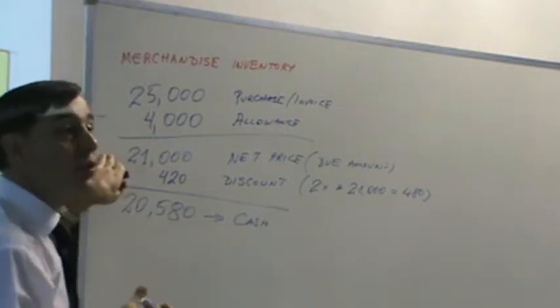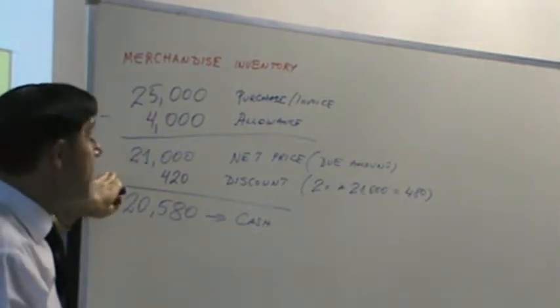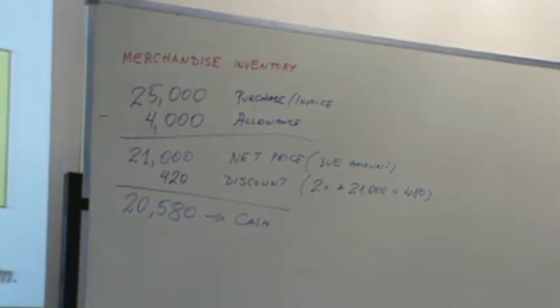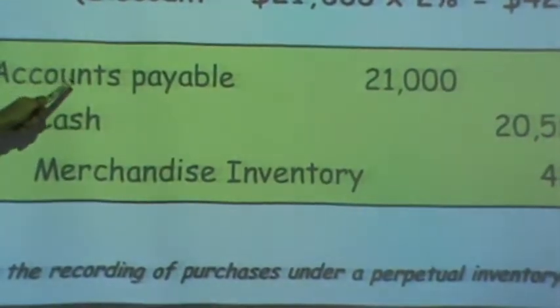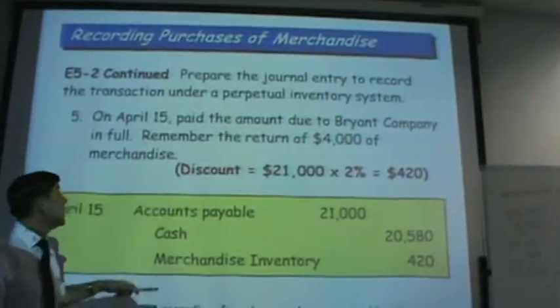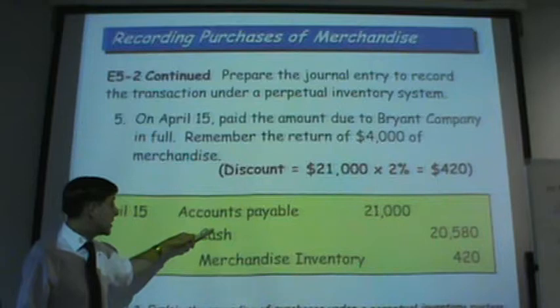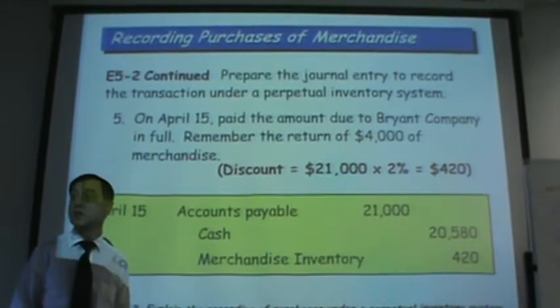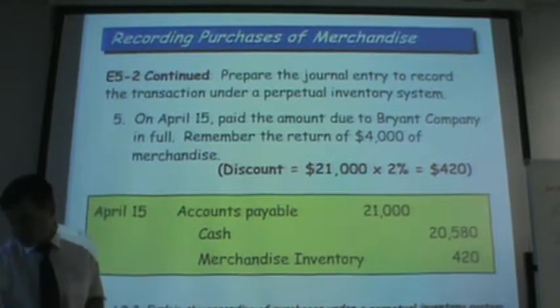The amount of money which you owe on your account payable. Well, that's it. That's the example. Debit account payable. So no more owed amount on account payable, and you cover with cash and put the discount in merchandise inventory. Okay.